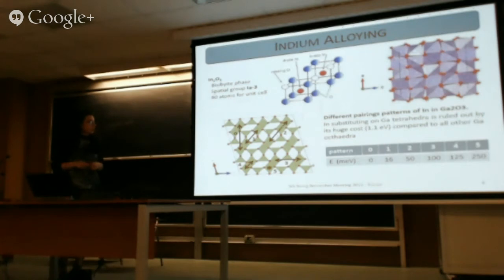We found that in the tetrahedra site the cost is very huge, but the lower energy is in this configuration.